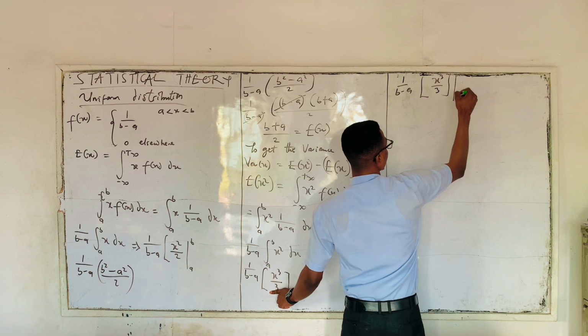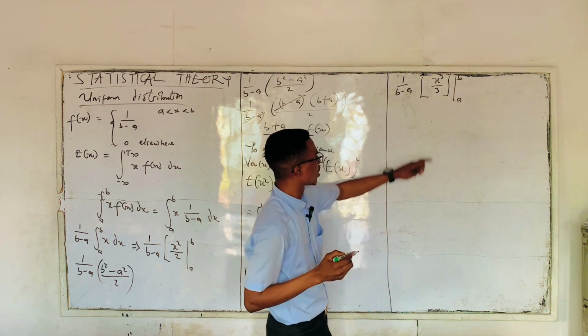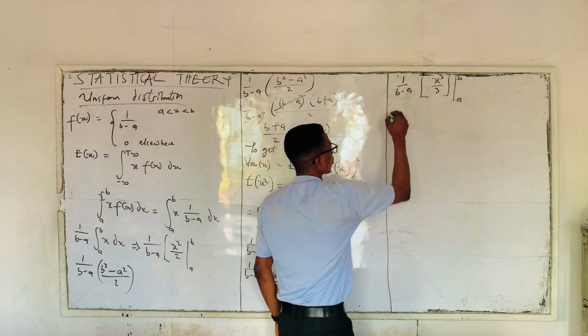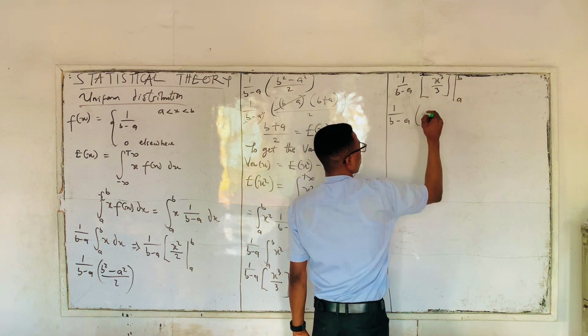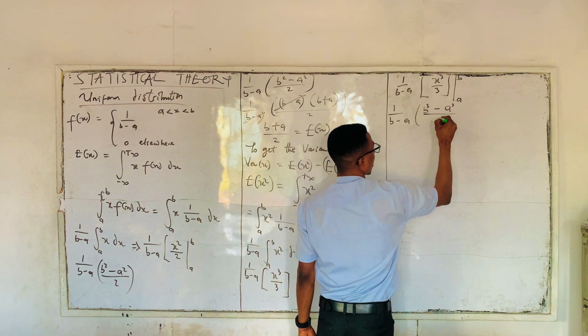Don't forget our range that we have a to b. Now we need to put the value of our range into the x. So we have 1 over b minus a, b cube minus a cube over 3.